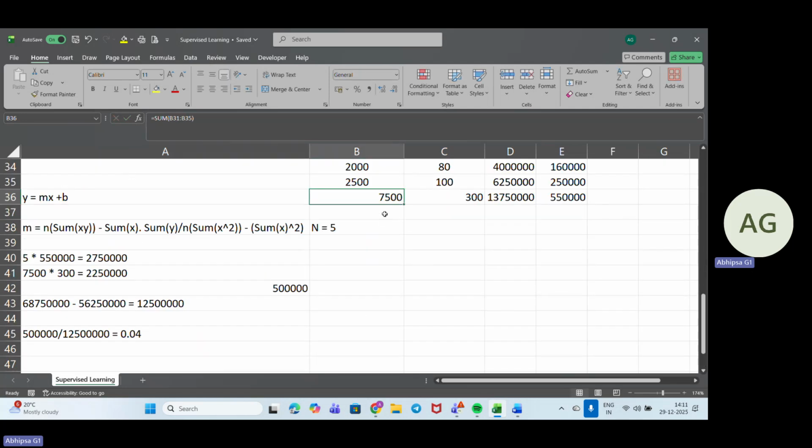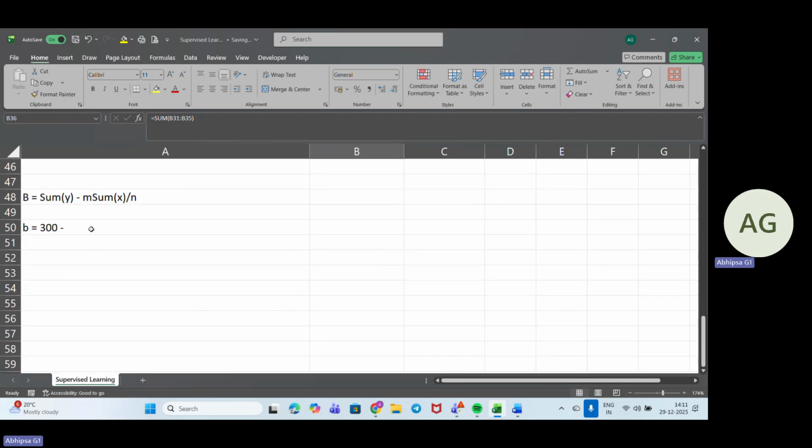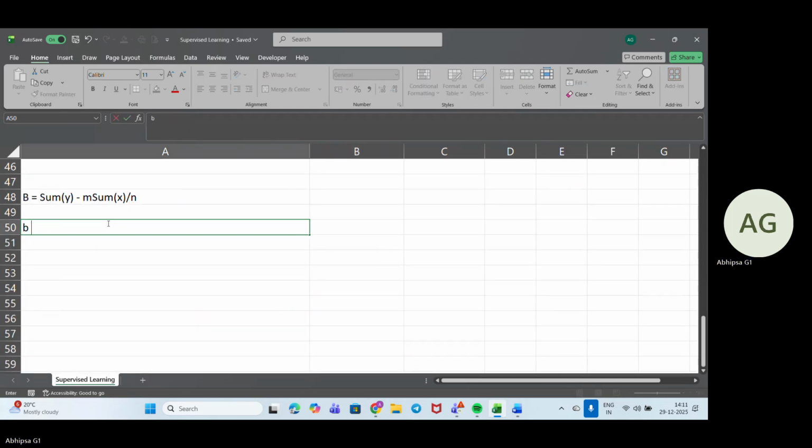So 0.04 into 7500, that is giving us 300. B equals 300 minus 300 divided by 5. So the value of B at the end we are getting as 0. Okay. So the intercept we are getting as 0.